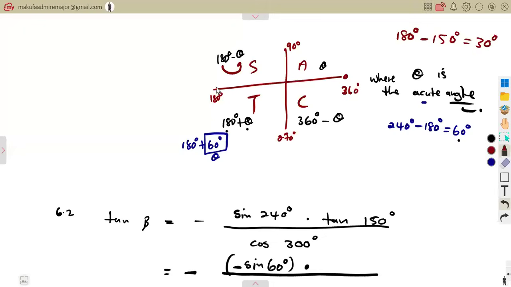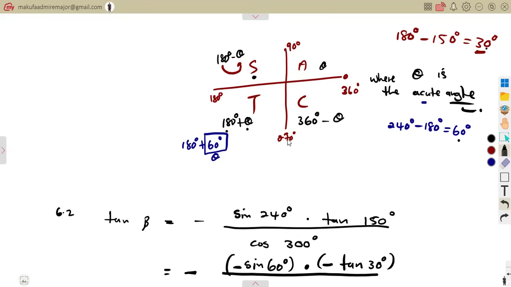So the 30 degrees is the one that you're going to relate. But is it a quadrant for tan? No, this is the quadrant for sine. Meaning to say tan will be a negative. Negative tan 30, the acute angle.